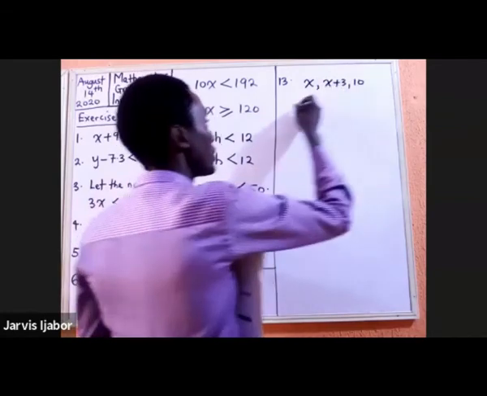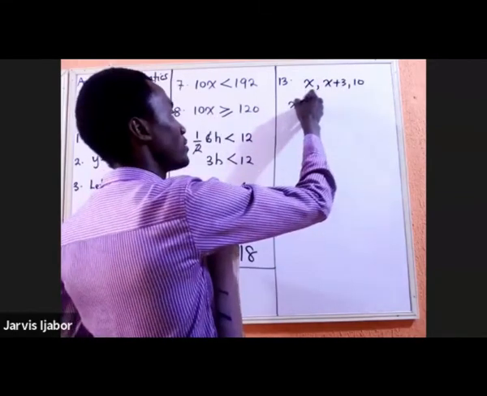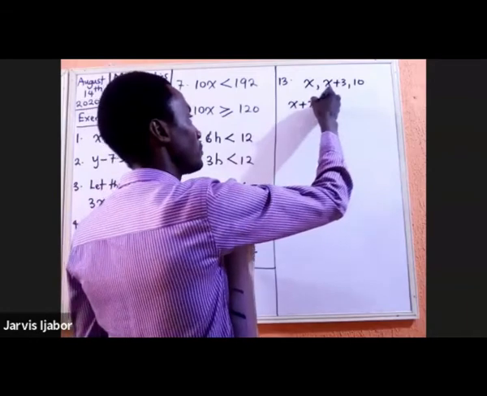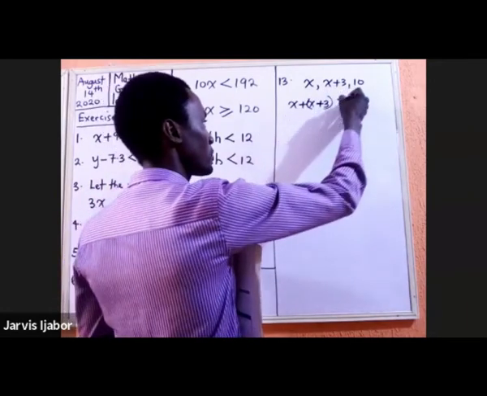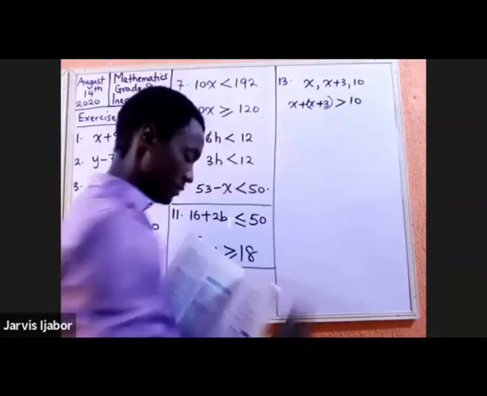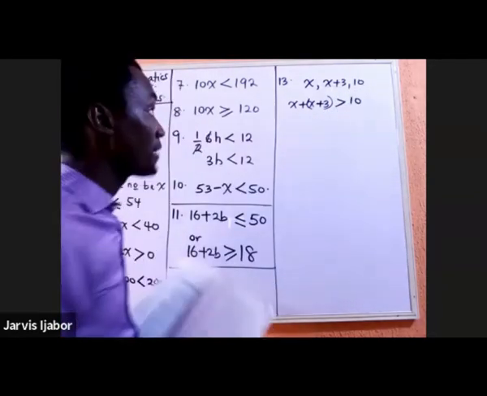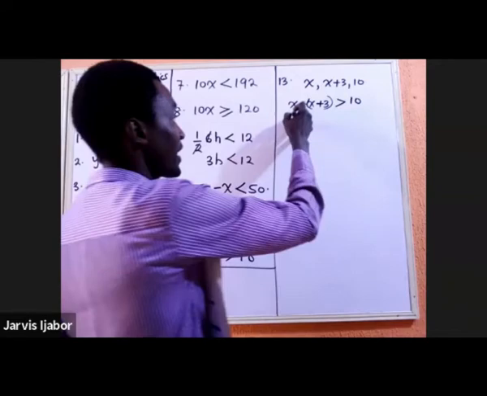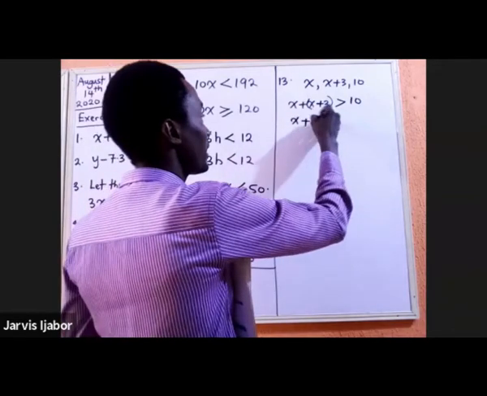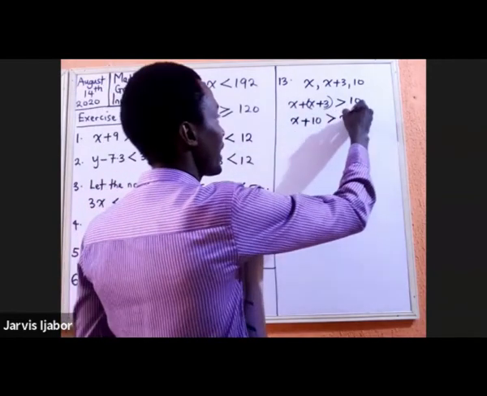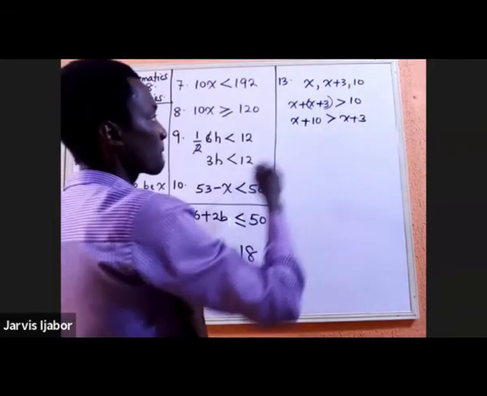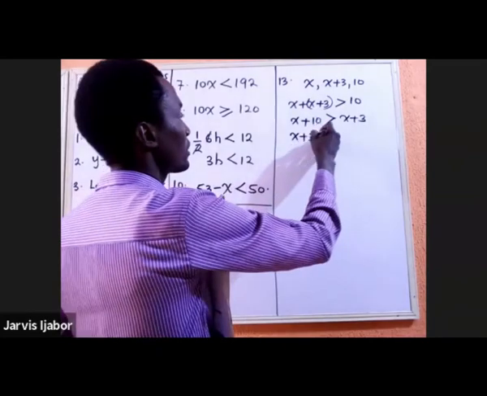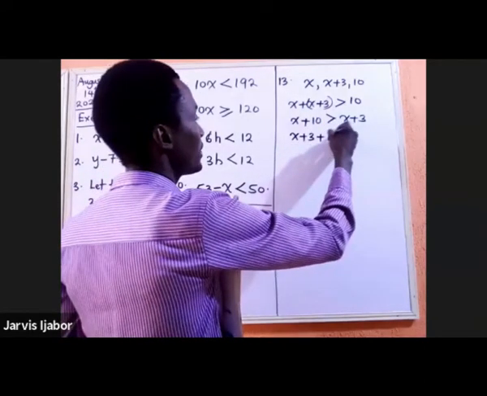So if I take x plus 3, it must be greater than 10. That's one. If I take x plus 10, it must be greater than x plus 3. If I take x plus 3 plus 10, it must be greater than x.